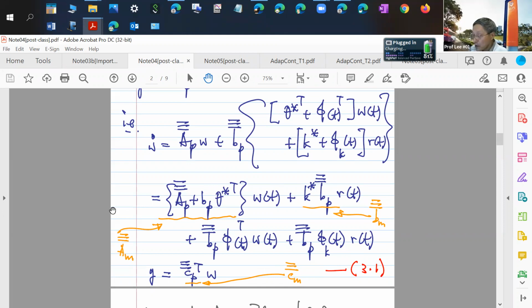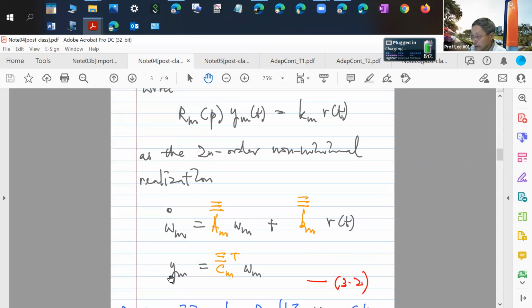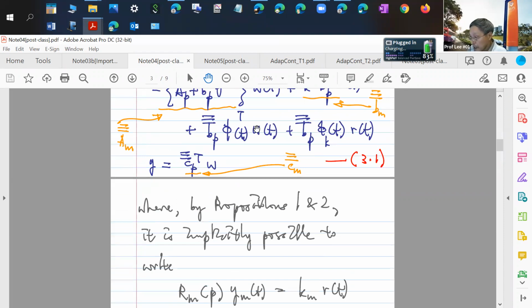This triple of matrices is exactly the state vector realization of your reference model. But be very careful to note that the rest of the error terms come out like this.